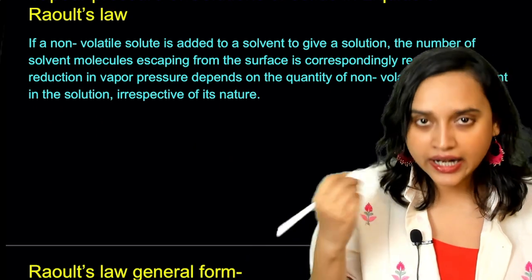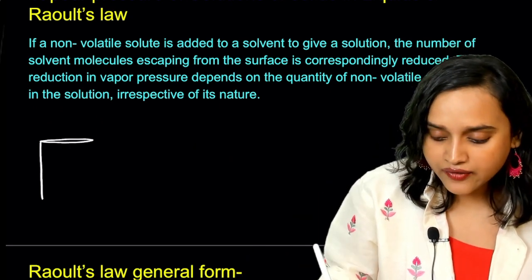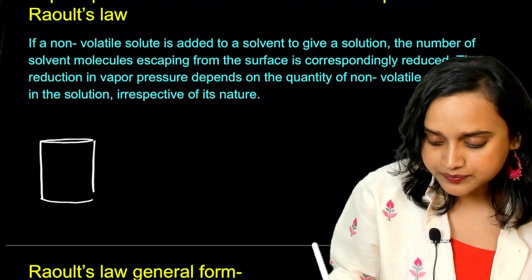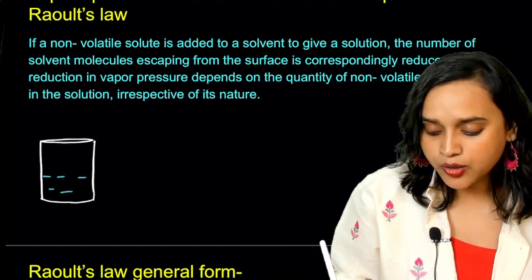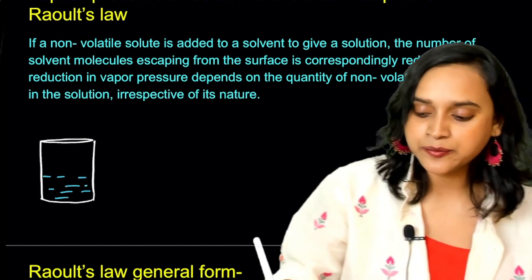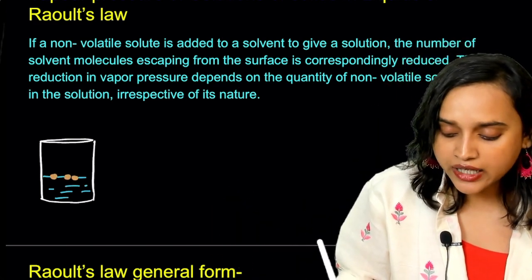So basically, what is happening here is, I have a container. In this container I have a certain amount of liquid, but not only liquid, I also have solid particles here.